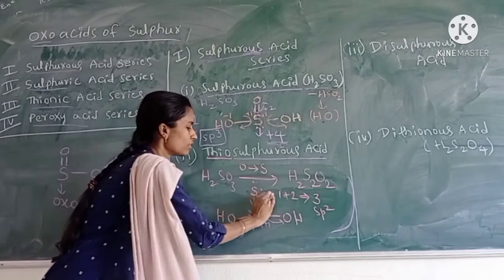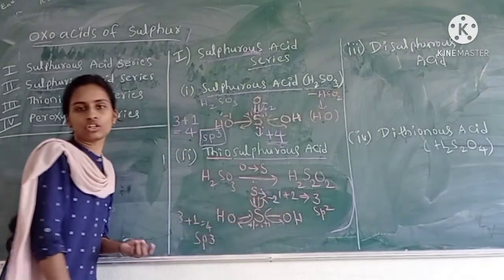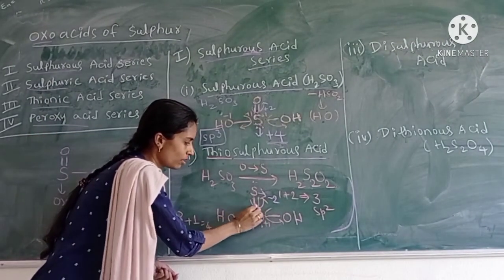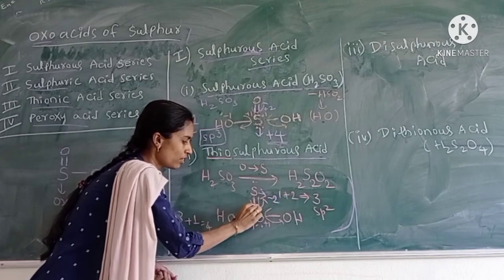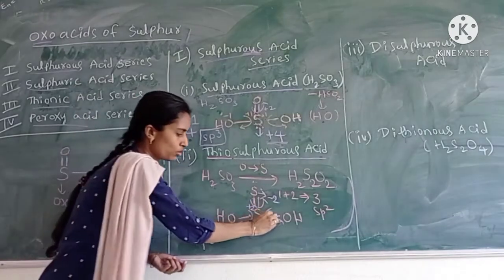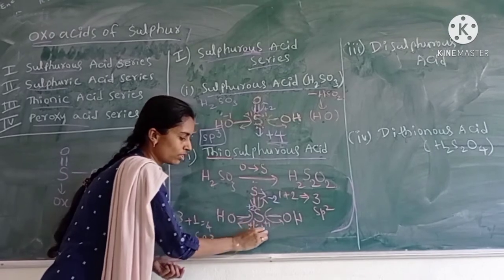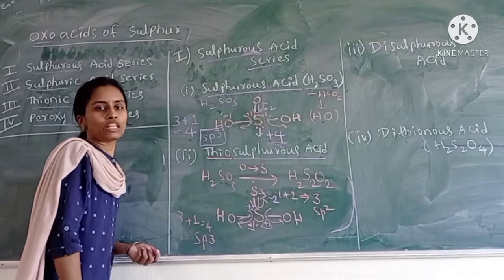So here this sulfur has -2 oxidation number, and for this sulfur, these two are going towards the other sulfur, which means it will get +2 oxidation, and here due to this movement +1 and due to this movement +1. So total +1, +1 and +2, so +4.